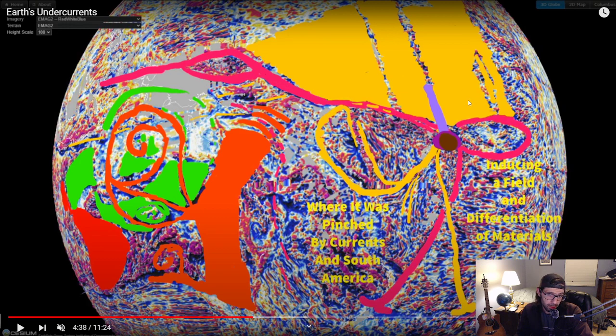this current coming this way, and South America, which was sitting generally here, pinched in the current, and then not directly adjacent necessarily, but adjacent enough where it held a boundary for the currents over here so that they swirled here, creating a back pressure on this side of the particle to just hold it there.